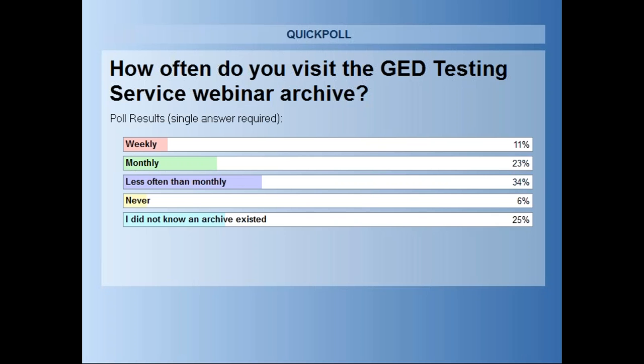But it also says, Bonnie, that we need to make sure people are aware that it's out there, and it's a resource that people can access throughout the year. We're also very pleased to see that we have those of you who are regular visitors that are coming out and taking a look at things.